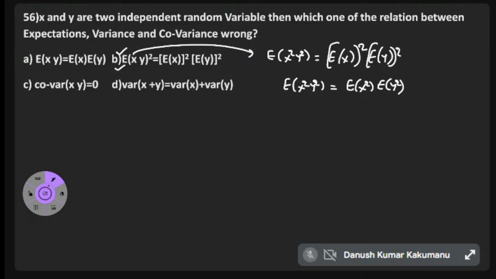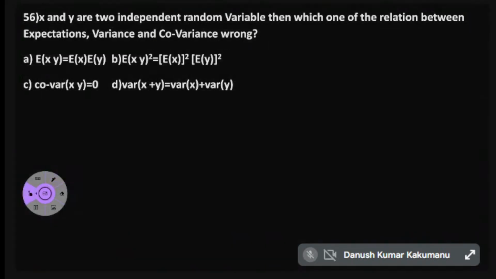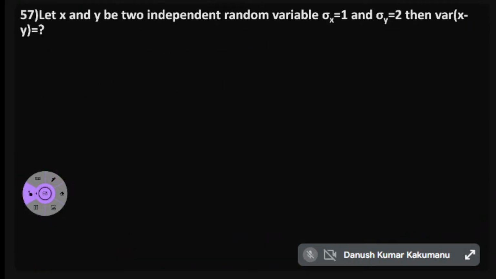Coming to the next one. Let x and y be two independent random variables with sigma x is 1, sigma y is 2. Then what is the variance of x minus y?